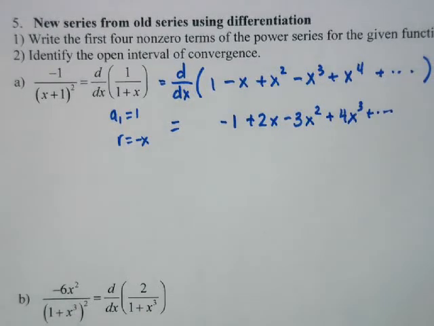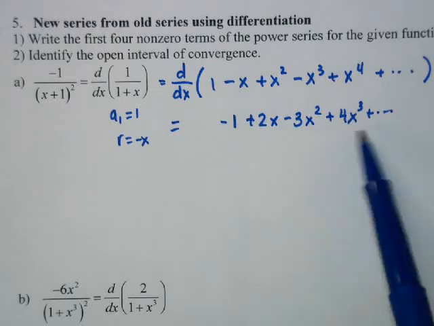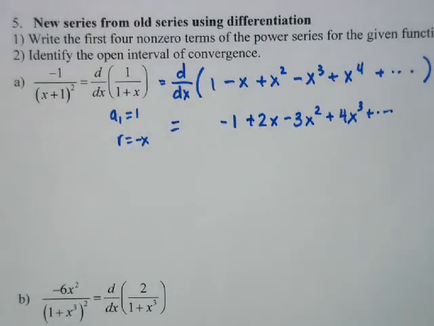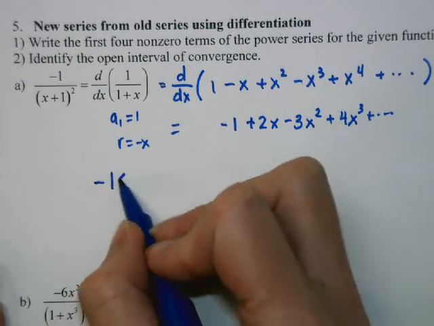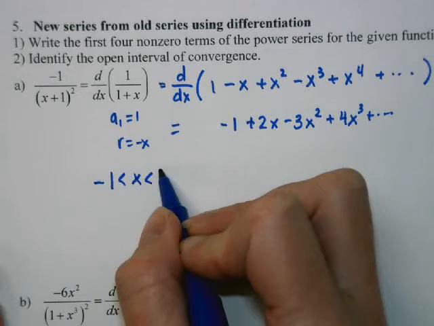We're not asked to write this in sigma notation, so we're just leaving it like this. But this function here can be represented by this series. Identify the open interval of convergence. So this one had an interval of convergence of -1 to 1.